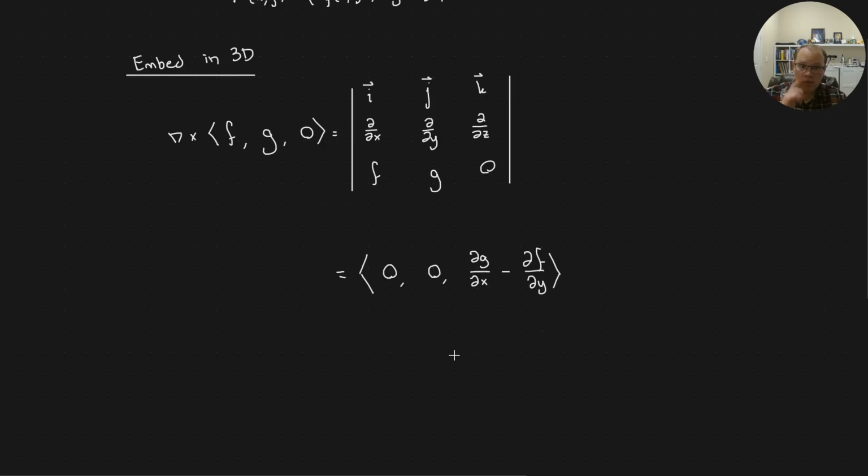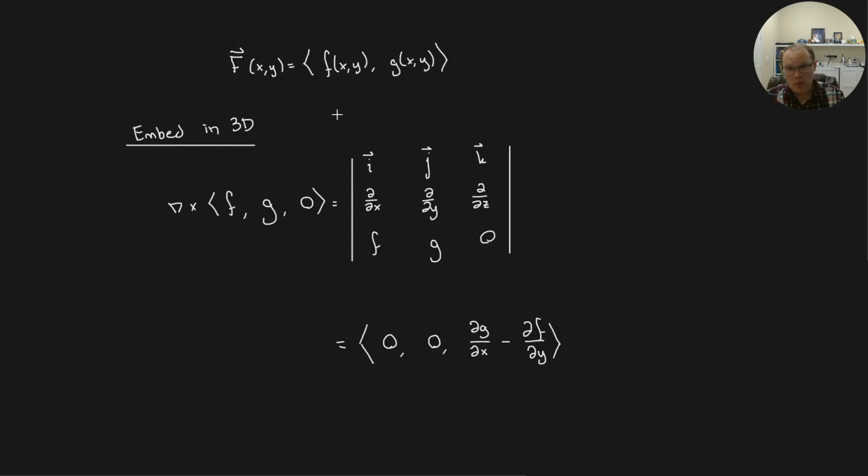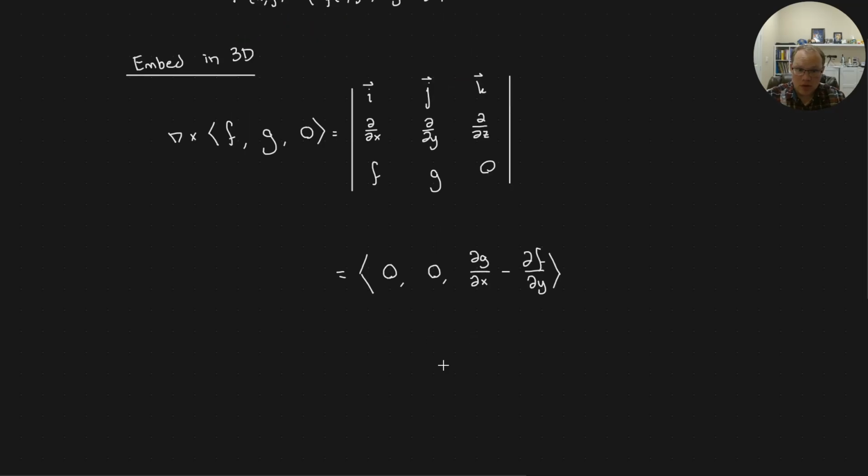And so, because this is the only component that matters, whenever we take the curl of a two-dimensional vector field, we just take this last component as the result. So we define this as the derivative of the second component with respect to x minus the partial derivative of the first component with respect to y.